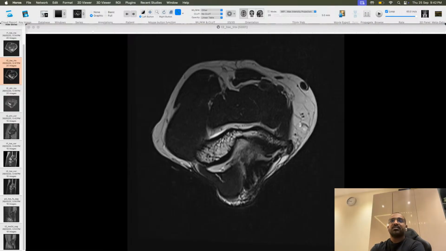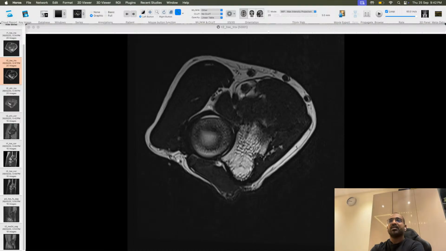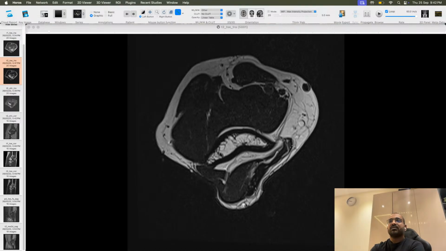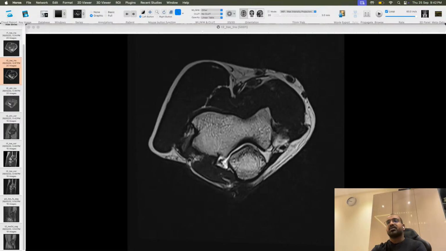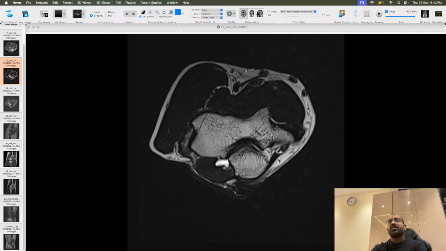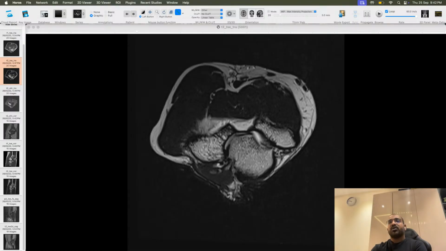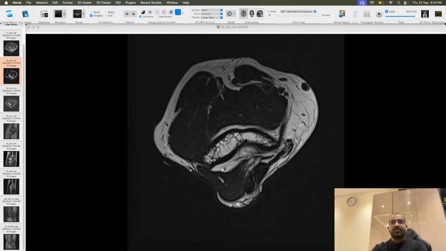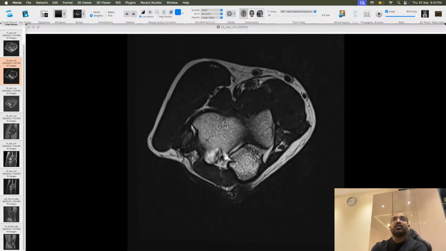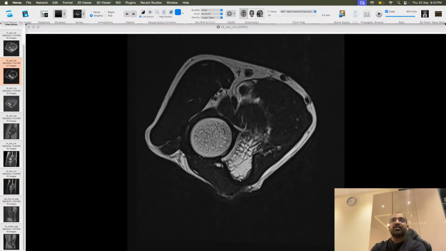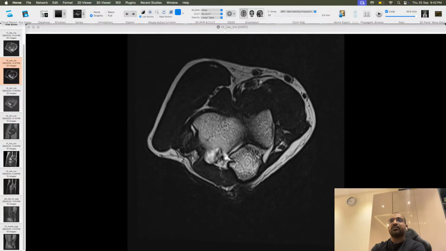This is the ulnar side, and this is the nerve which goes through our cubital tunnel, posterior to the medial epicondyle. This is the ulnar nerve.